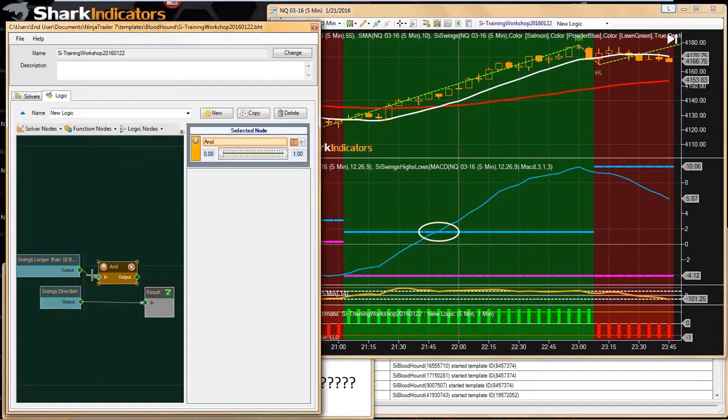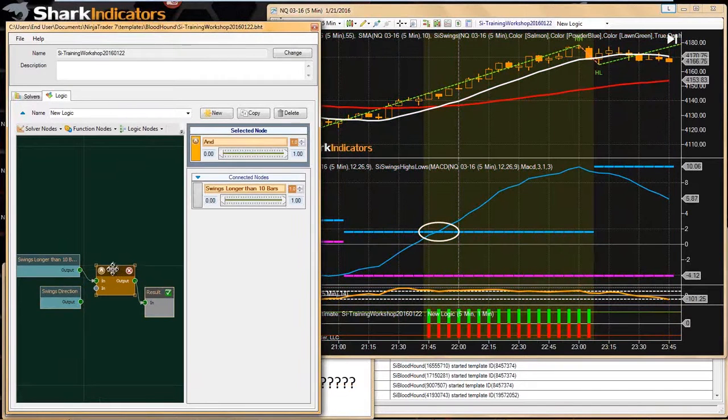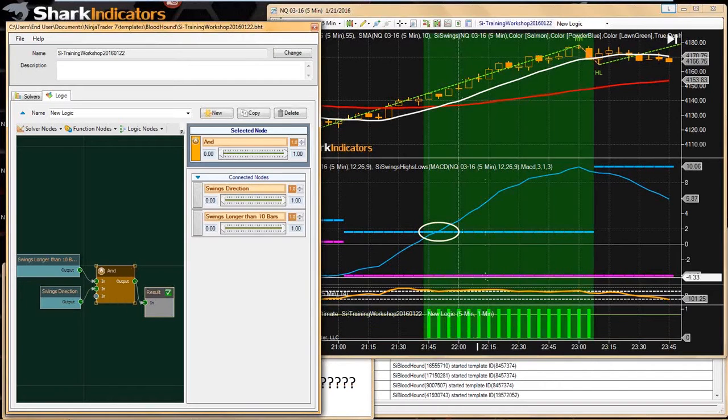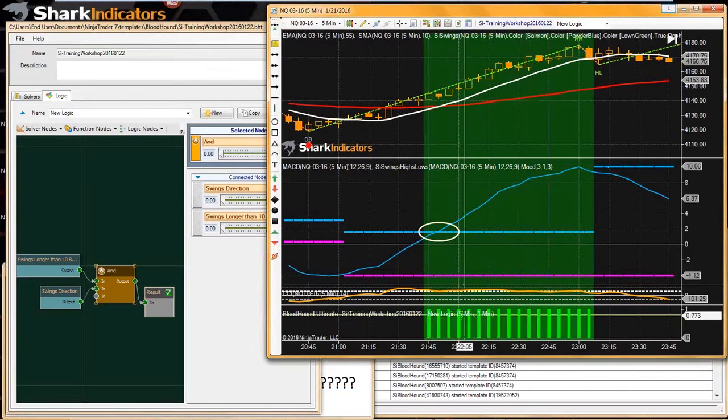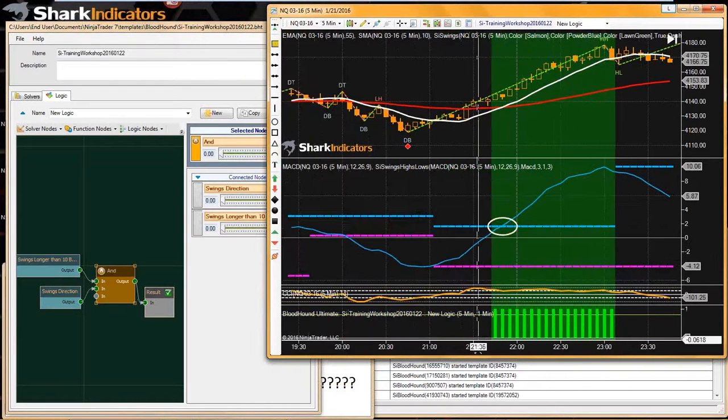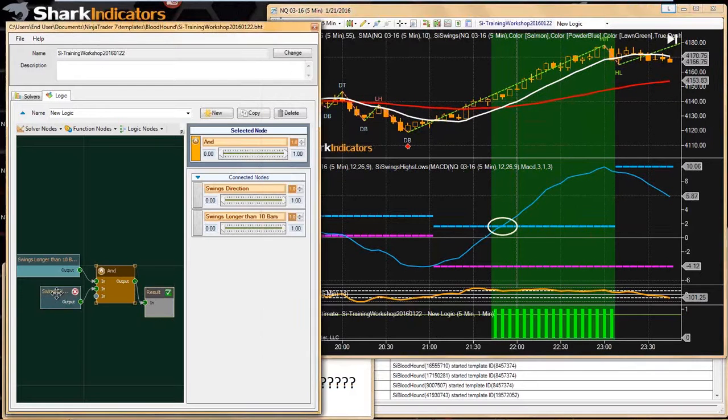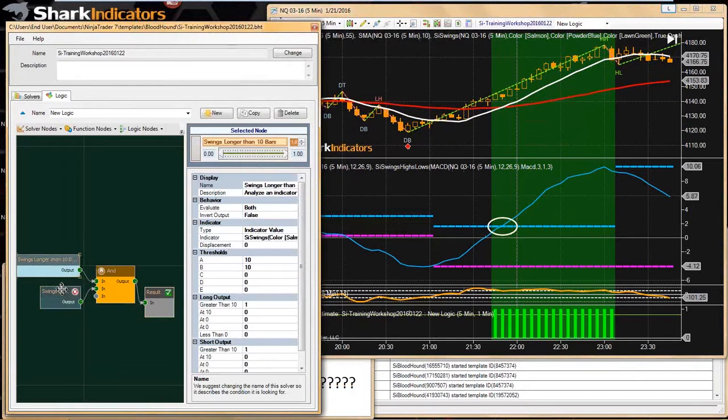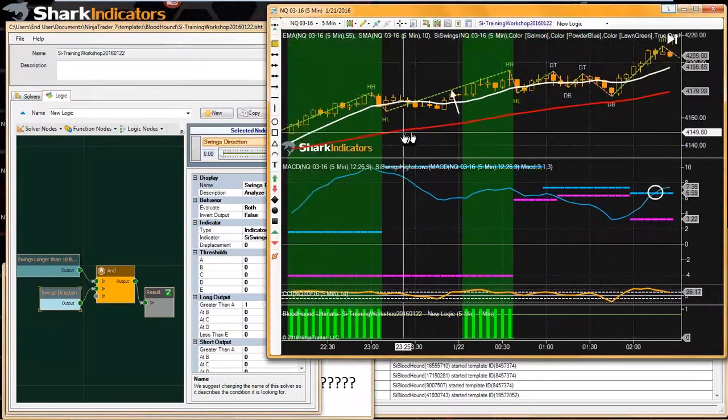We connect both of them into an AND, and as soon as I connect the swing direction in, bingo, there we go. Now we know that this swing is an upswing and it's longer than 10 bars in length. It took two solvers to do that: one solver to count the length of the swing and the other to determine the direction of the swing.